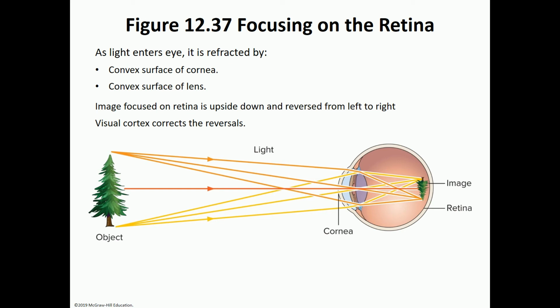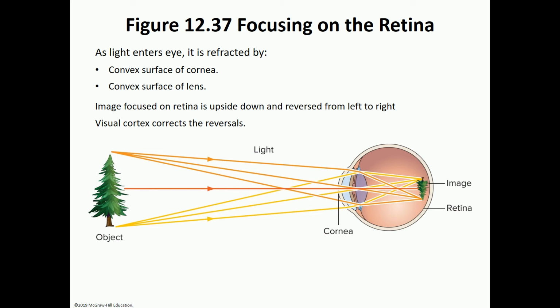So for focusing on the retina, you can see here this big object. The rays coming in the middle, that red ray, really nothing happens to it, and it's still focusing on the fovea. But the ones coming from either side are coming at an angle, and you want to refract or bend them. Your first refractory surface would be the cornea, but again, you really cannot adjust the power of the cornea.